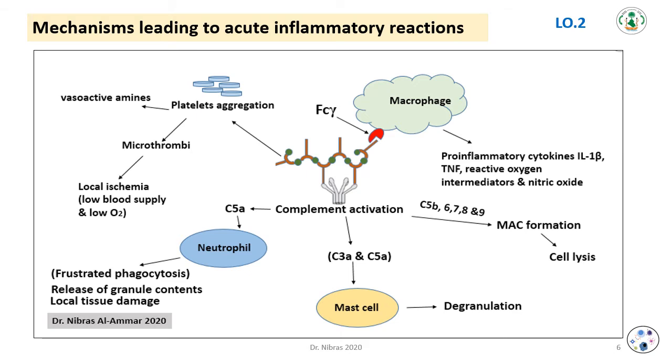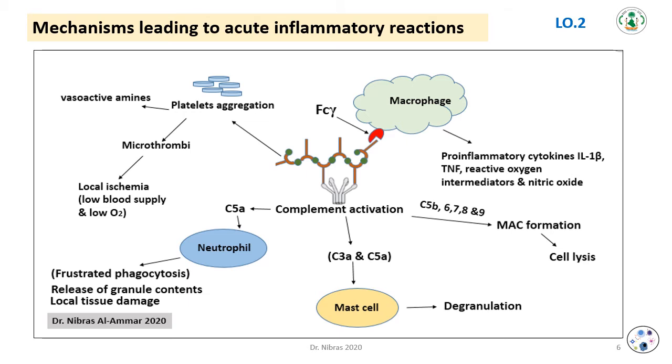Or complement activation leading to C3a and C5a release: these factors will activate mast cells, leading to degranulation. Or also, complement may proceed to C5b, 6, 7, 8, and 9 polymer formation, the membrane attack complex, leading to cell lysis.